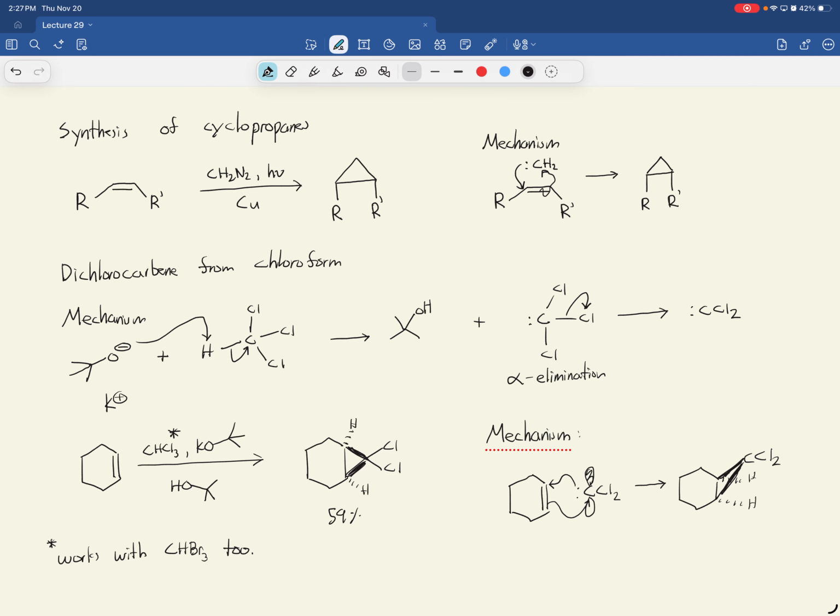The stereochemistry of the double bond is maintained, and it adds syn addition to the alkene. So that's how you form a cyclopropane. And cyclopropanes are actually prevalent in nature. So you see this all the time. Even though cyclopropanes are very strained, they have some relevance in terms of the natural products we can get.